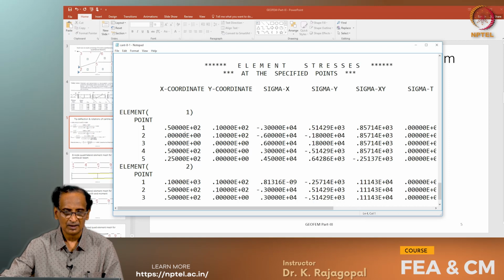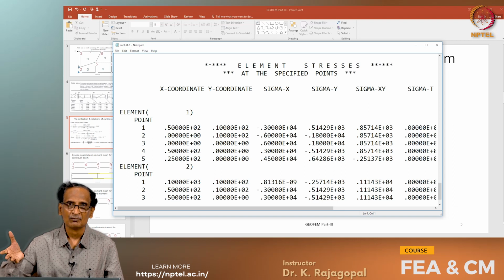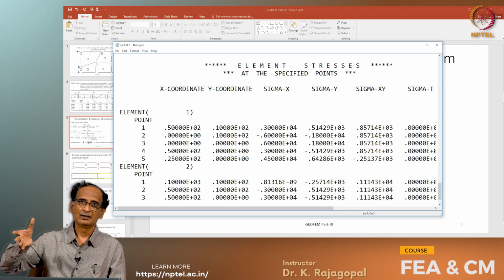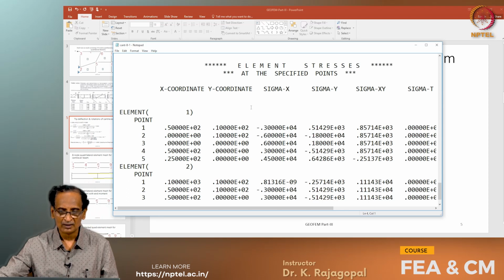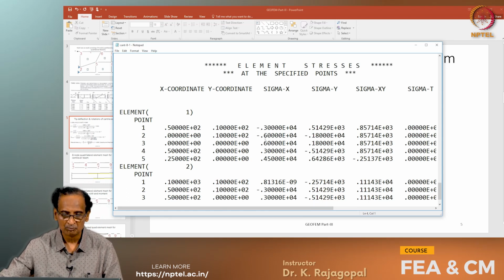So, at the fixed end when x is 0, our sigma x is 6000, and the upper fiber is bending in the anti-clockwise direction. So, the upper surface is in compression. So, we have minus 6000, and the lower surface is plus 6000, it is tensile stress.